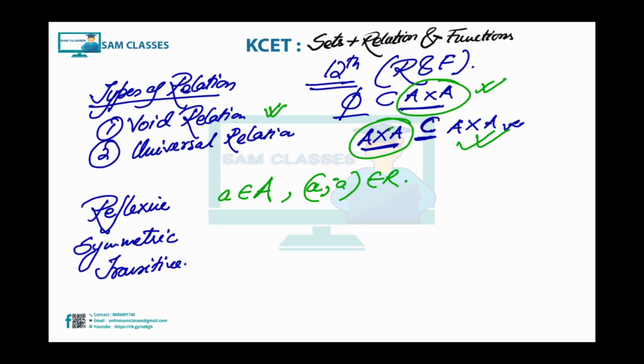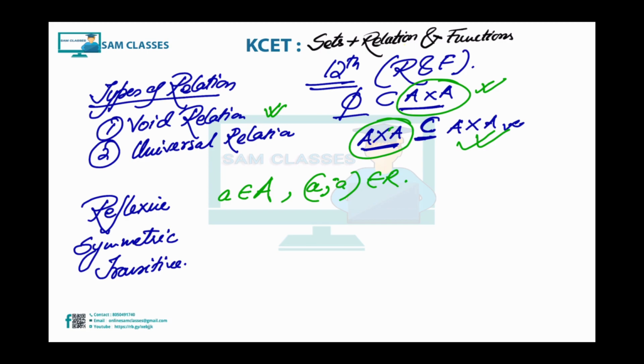So let's understand with simple examples. What do you mean by reflexive? Reflexive means your own mirror image, you can say. If A is related to something by certain conditions, then (A, A) also has to be related by that condition.